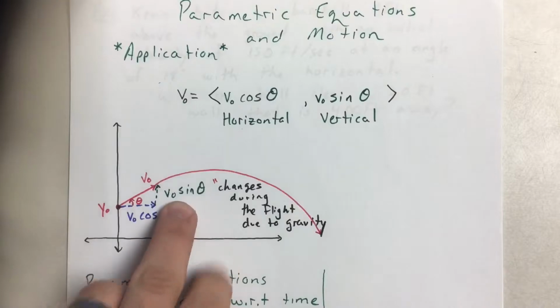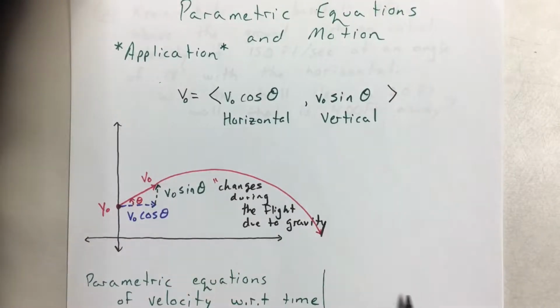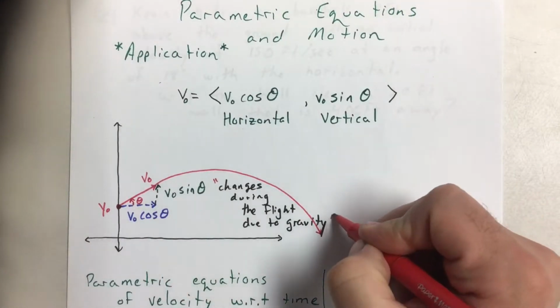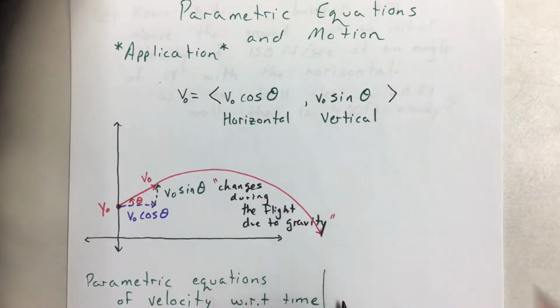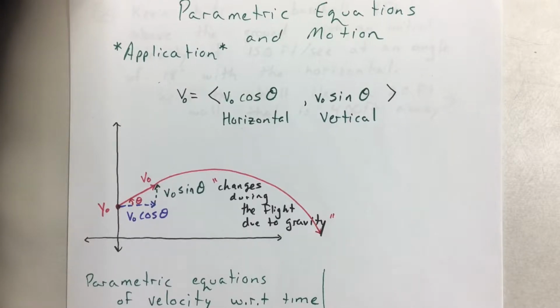Whatever the vertical velocity is at the beginning, it will be different by the end, or even a second later. The vertical velocity is changing throughout the flight of the object.